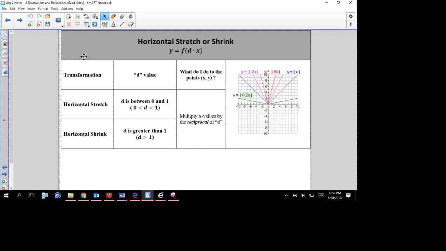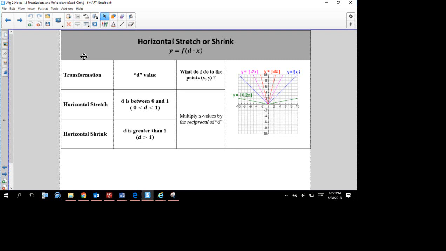Horizontal will be wider. How about a horizontal shrink? Give me absolute value. And I'm going to shrink it horizontally. Horizontal shrink. I'm pushing your arms in horizontally. What does that do? It's skinnier, it's thinner.